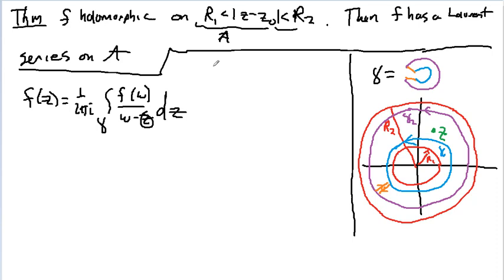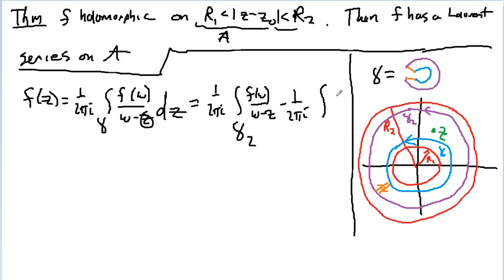So this is going to equal 1 over 2 pi i times the integral around gamma 2 of f of w over w minus z, minus 1 over 2 pi i, the integral over gamma 1.